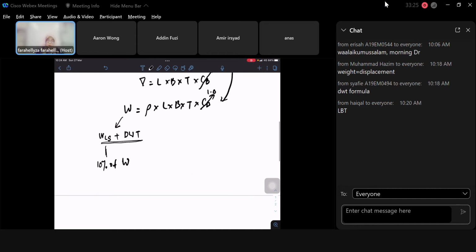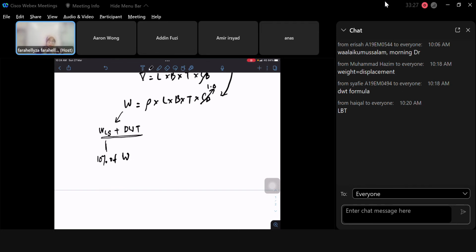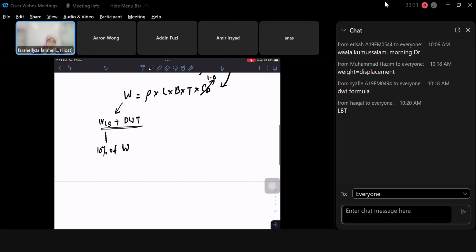Okay, so we try to solve the left side first. So W is equal to WLS plus DWT. This is the left side.